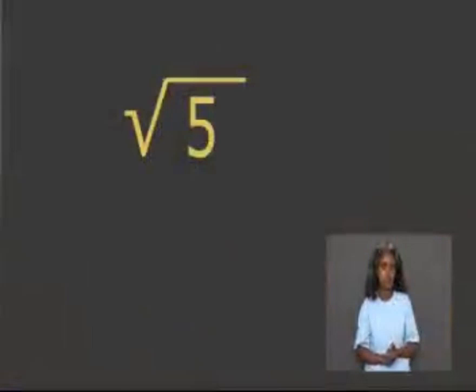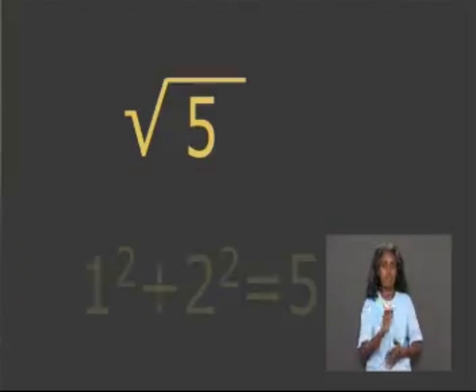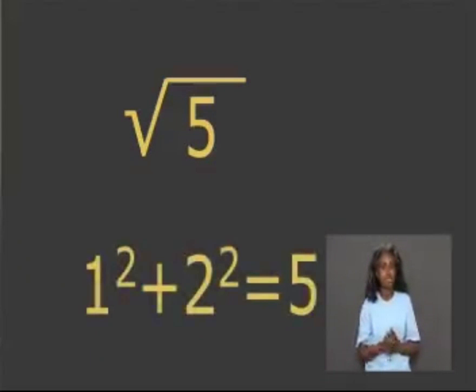We will plot the square root of 5. Our first step is to find two numbers whose squares have a sum of 5. Since 1 squared plus 2 squared equals 5, we will use 1 and 2.